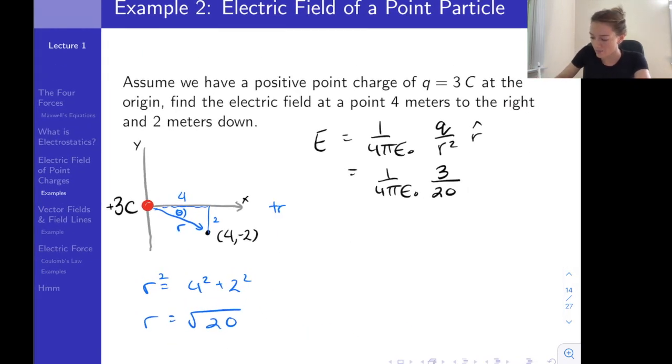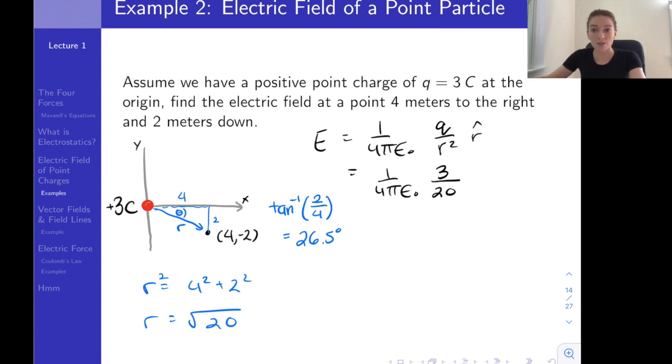Tan is opposite over adjacent, so opposite is 2, adjacent is 4. So tan inverse of 2 over 4 is equal to 26.5 degrees. So this angle here is 26.5 degrees.